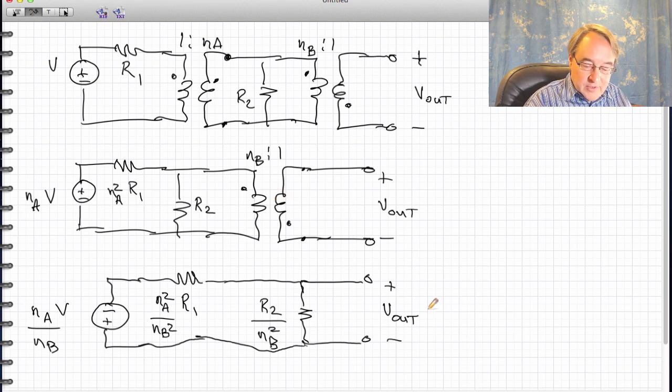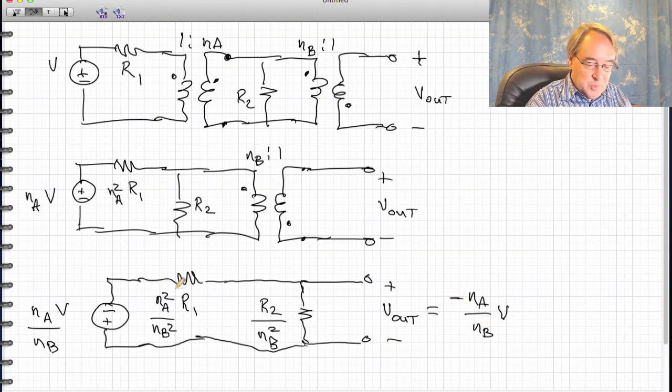With this circuit now we can solve. So what is the output voltage? We could just use the voltage divider formula. So we would take the voltage source, NA over NB times V, and because the polarity is reversed, we have a minus sign.